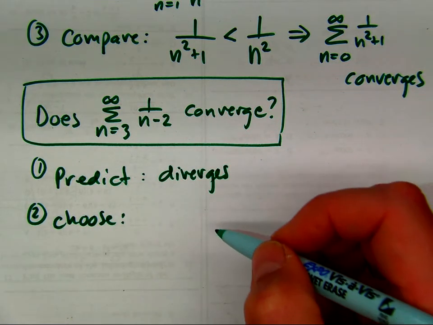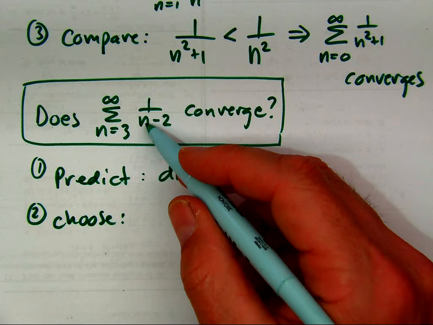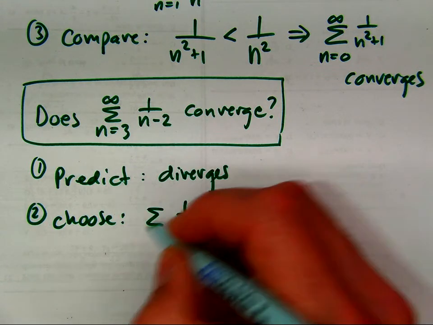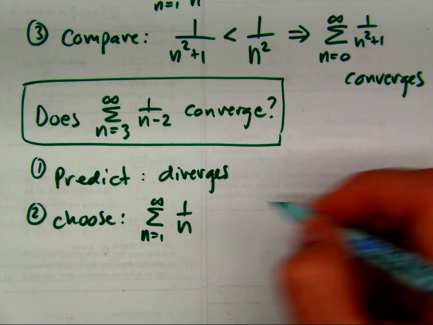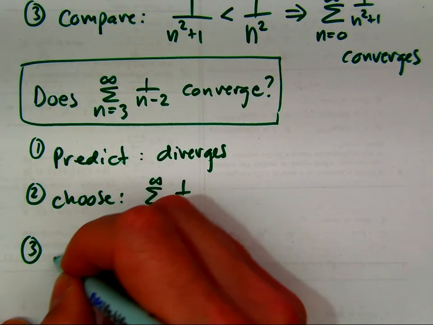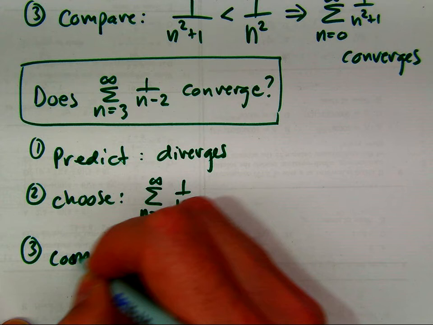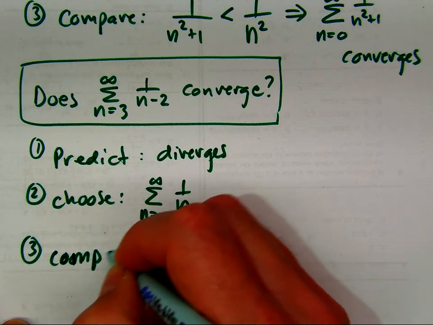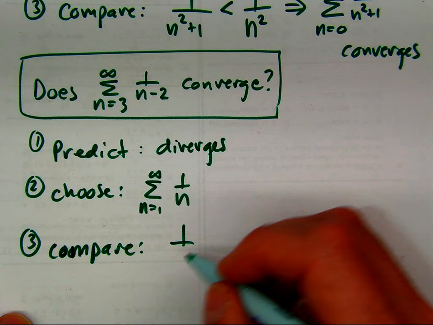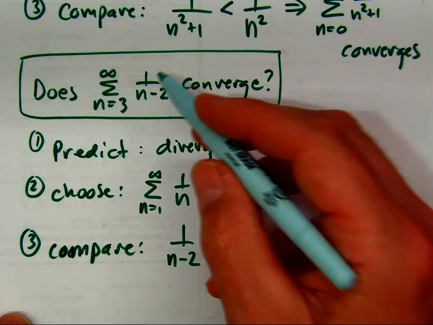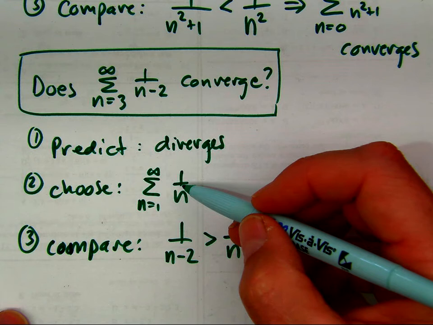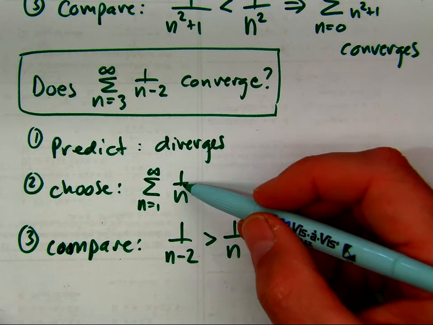Choose something to compare it to, and that's a 1 over n, so let's compare it to the harmonic series. And we have to show that the sequence of the series that we're testing is greater than the sequence of the series that we're comparing it to.